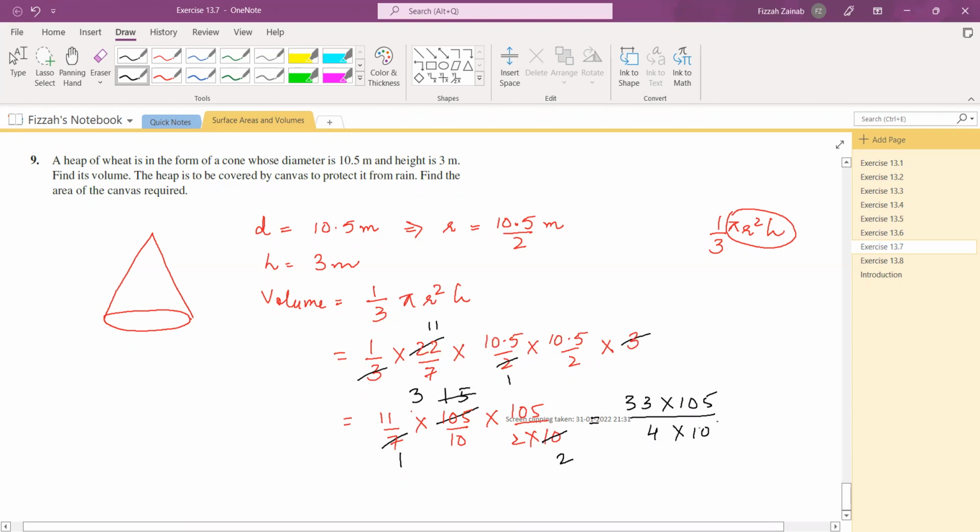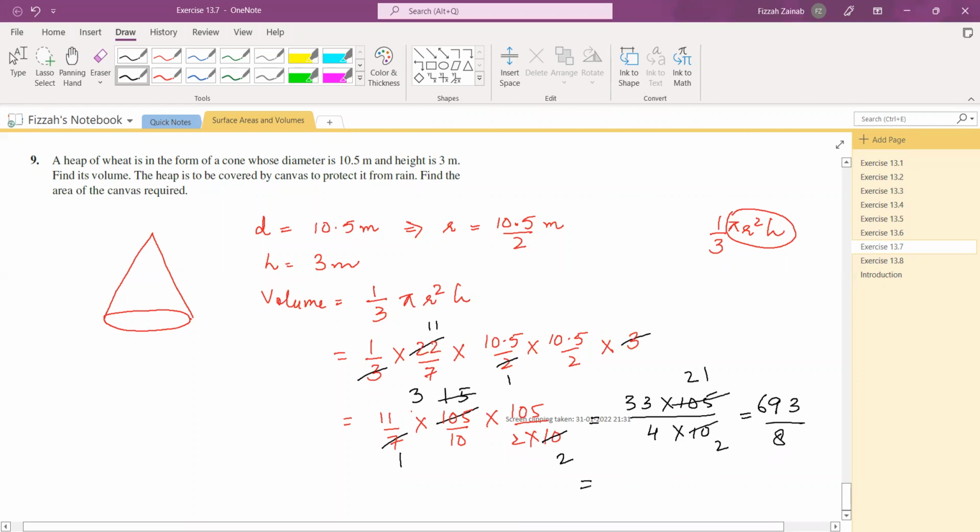Let's do it again: 5 into 2 and 5 into 21, right? Now multiply, what is 33 into 21? Ma'am, 693. 693, right? Yes, divided by 8.